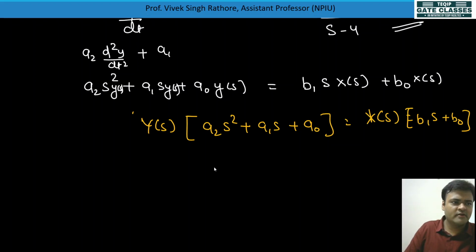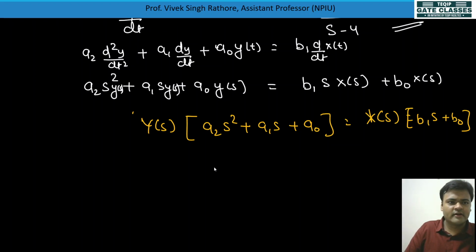Plus a1 s Y means dy by dt can be written, and plus here a naught y of t can be written, and here it can be written as b1 d by dt of x of t, plus b naught x of t.